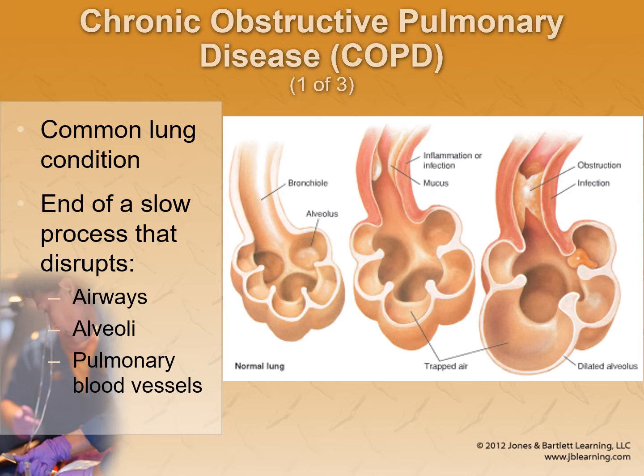So in contrast to CHF, which is obstructed flow due to the presence of fluid around the lung tissue, eventually it gets into the alveoli, but it's not a primary problem with the alveoli that's causing that. In COPD, your problem lies within the lung tissue itself, and it restricts the air flow.